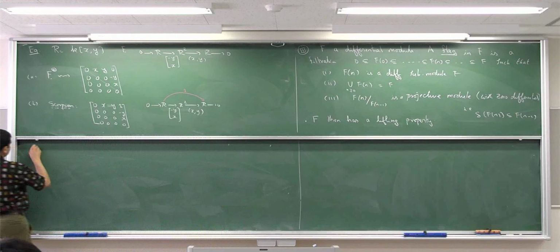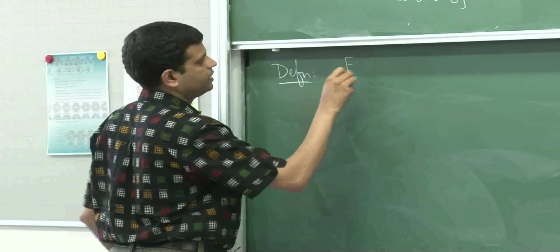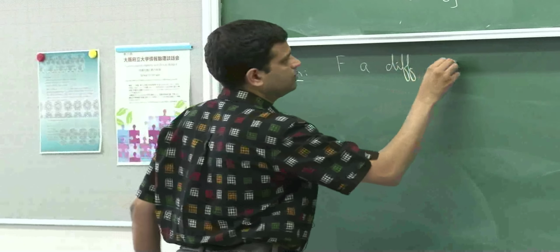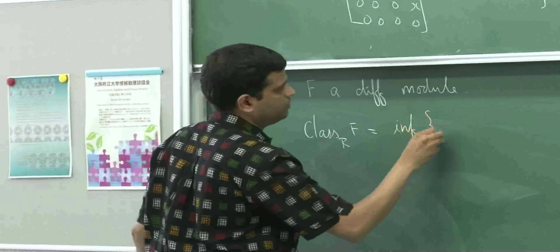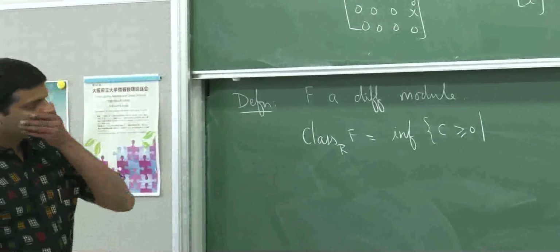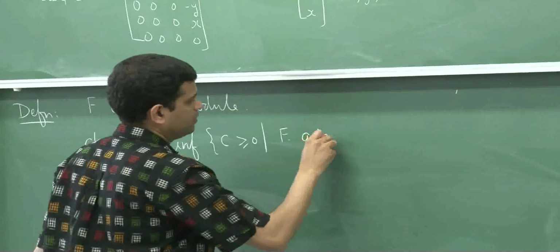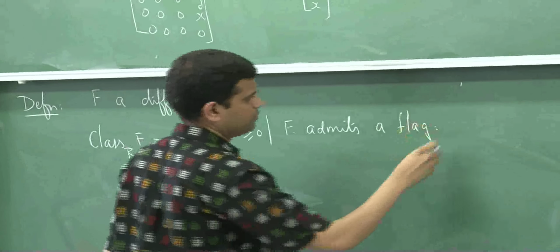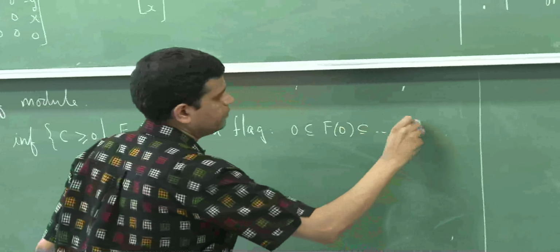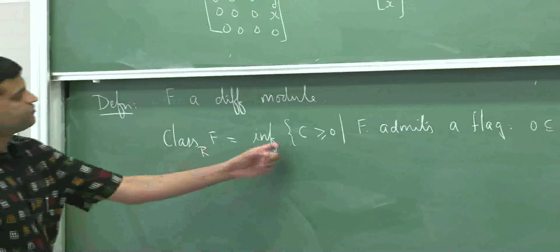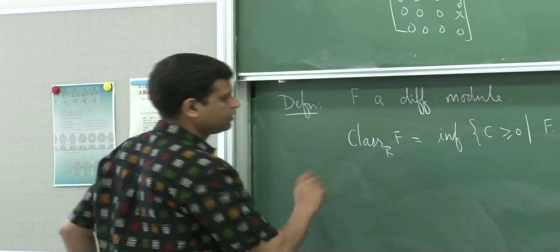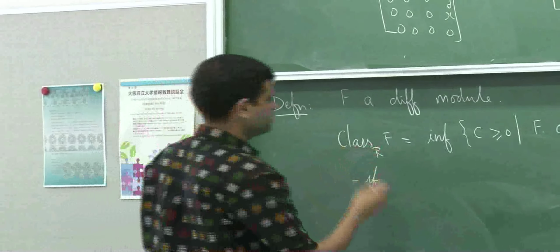So F, a differential module, then the class of F is the least integer C such that F has a C-step filtration, a C-step flag, with F_C equal to F. So it has a flag of length C. So it's the least C for which it has a flag of length C. If no such flag exists, then the class is infinite.